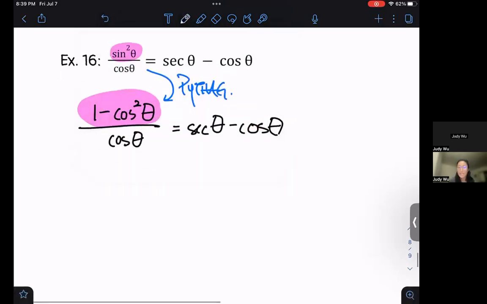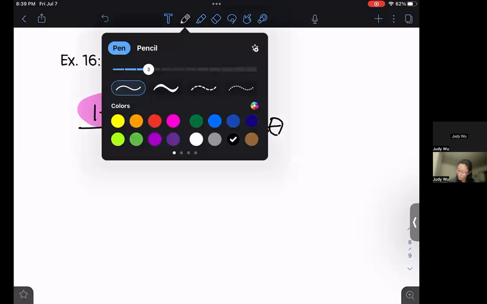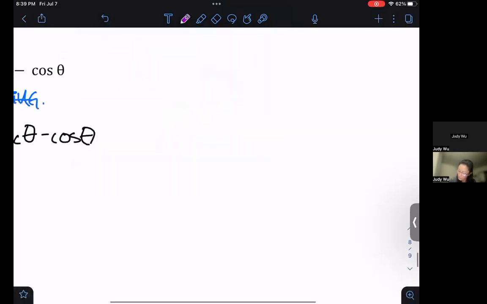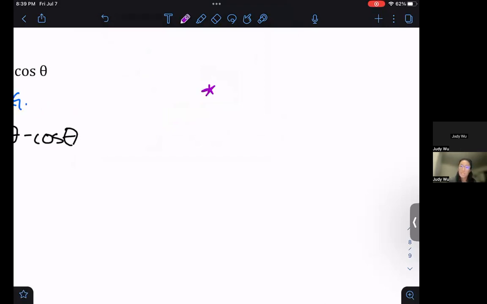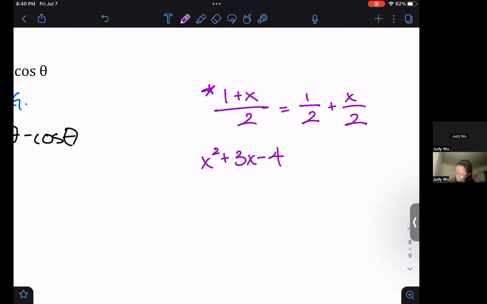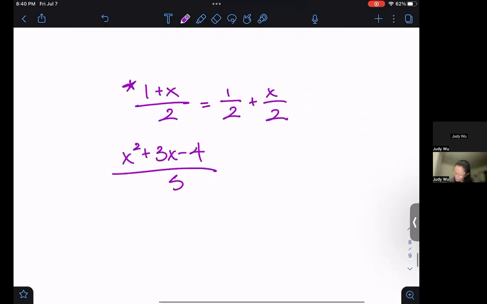All right, now one really handy algebra trick, and again, we'll put this off to the side, is that if I had 1 plus x over 2, I could actually write that as 1/2 plus x over 2, okay? Or if I had x squared plus 3x minus 4 over 5, I could actually write that as 3 separate fractions.